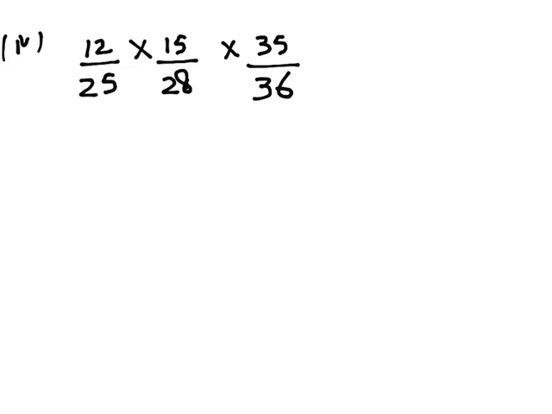Clearly, 12 and 36 have a common factor, or we can say 36 can be divided by 12. So it will give us 3 over here, right? And 15 and 25 can be cancelled out with the common factor 5. So 5 times 3 is 15 and 5 times 5 is 25. Again we can divide 35 by 5, so it will give us 7.